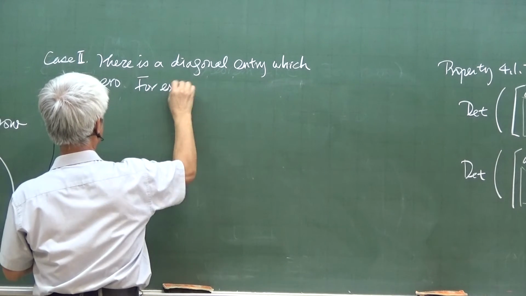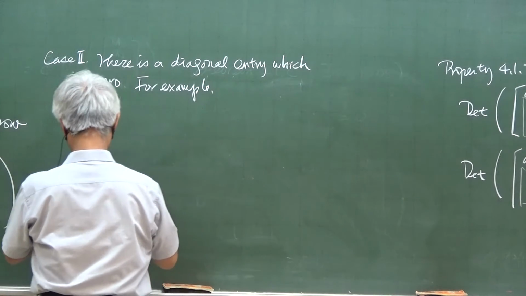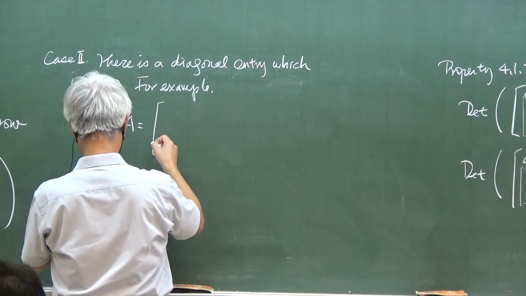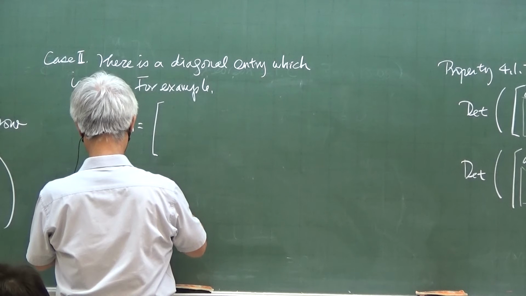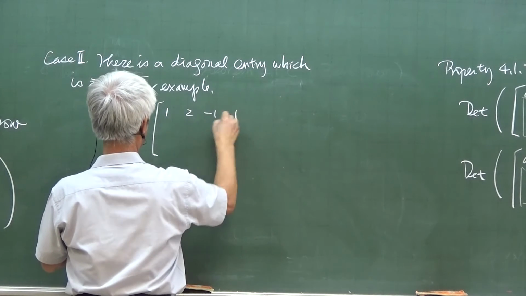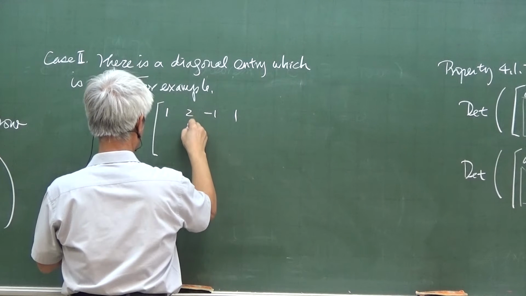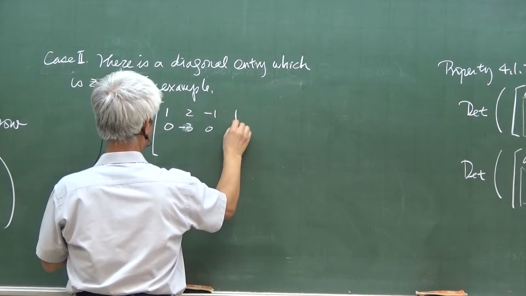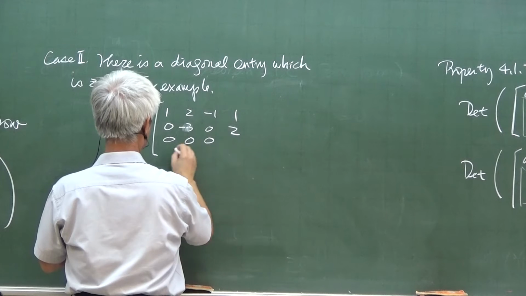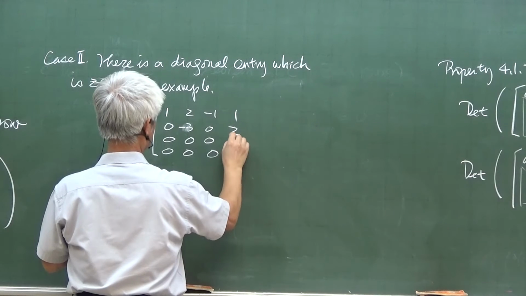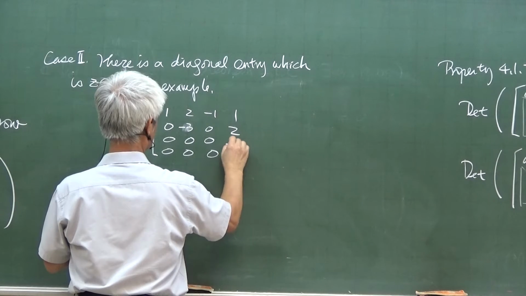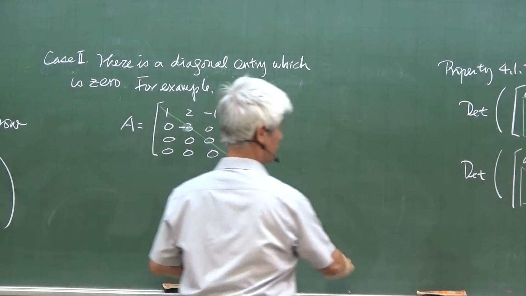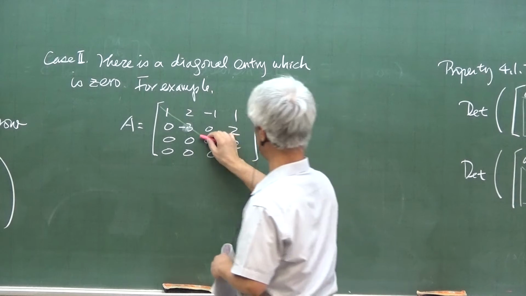For example, A is equal to, like, an upper triangular matrix, and this entry is 0.